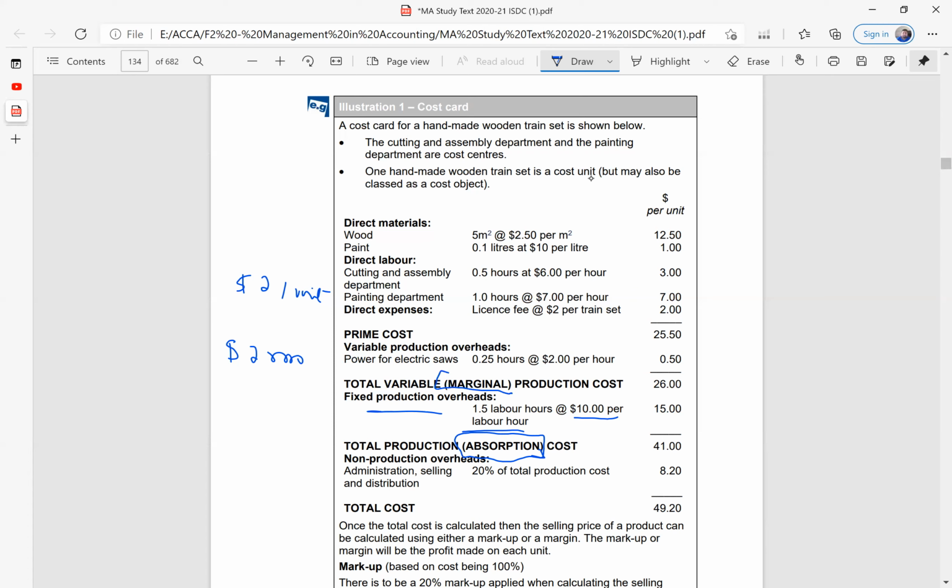So over here, all these costs are variable costs. Adding them together, you get total variable marginal production cost. Then you added fixed production overheads to get total production absorption cost. And when you add non-production overheads as well, it will come up to total cost. Any confusion? No.